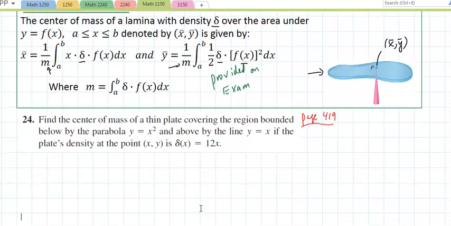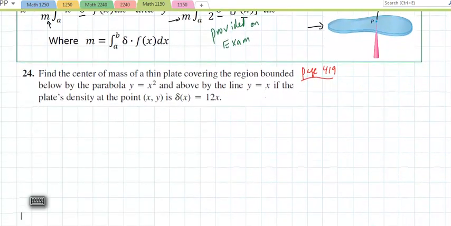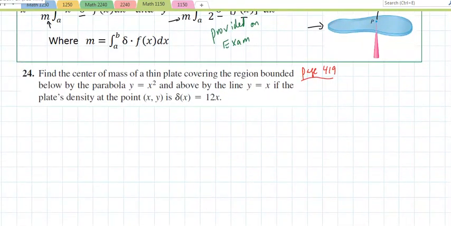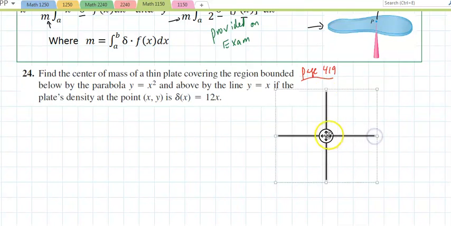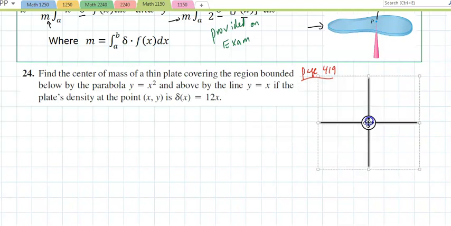On page 419, I'm looking at problem number 24. It says, find the center of mass of a thin plate covering the region bounded below by the parabola y equal x squared and the line y equal x.